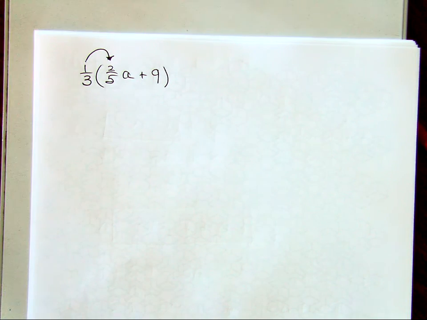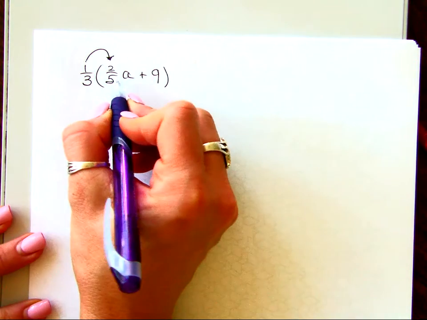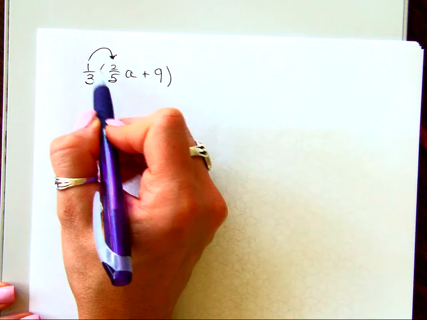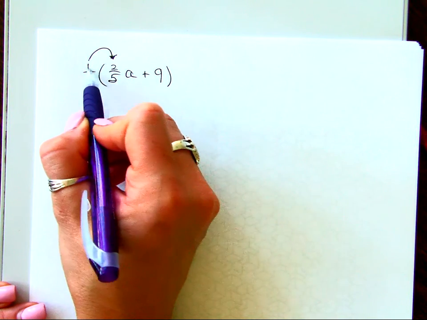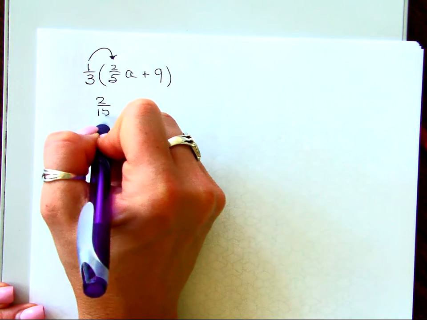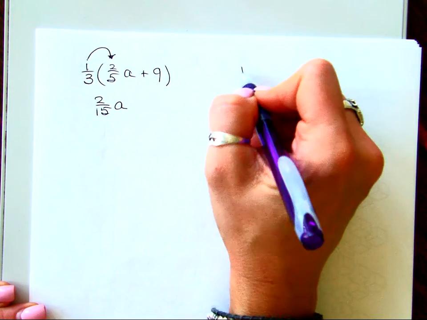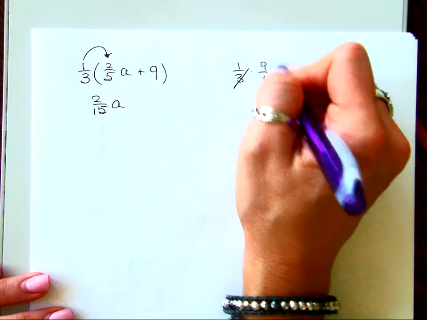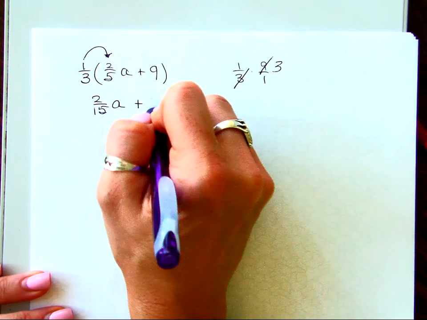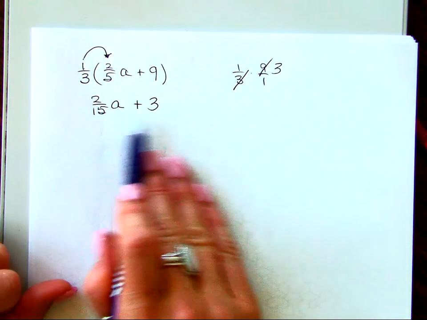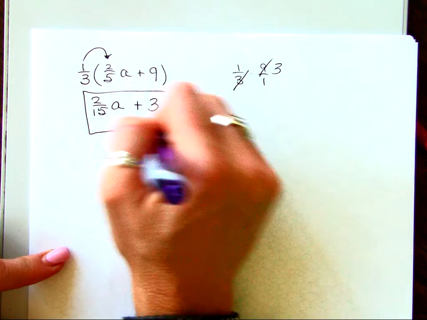You have to add them, subtract them, multiply and divide them. So I need to multiply this. And luckily for you, multiplying is kind of easy. If you cannot cross cancel, you literally just multiply numerator times numerator, denominator times denominator. So this is 2/15 a, and then 1/3 times 9, if it's easier for you to do it that way. That way this works out to be a whole number. And then this doesn't have an a, and this does, so I cannot combine those. Those are done. That's your answer, okay?